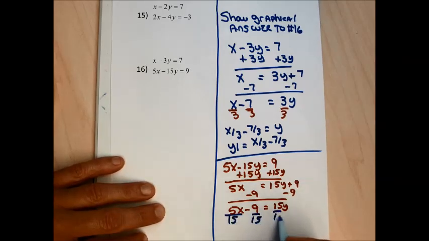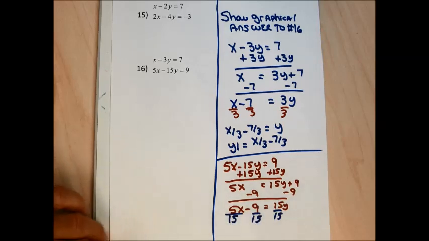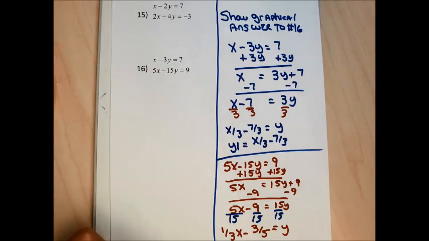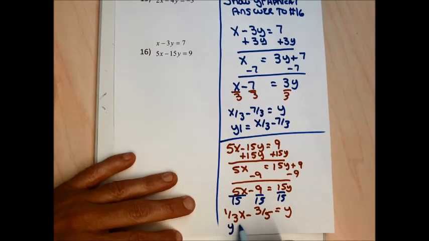And I'll get some reduction. The fraction here reduces by 5, and I get 1/3 x. The fraction here reduces by 3. I get minus 3/5 equals y. And I'm going to enter that in my y2. In my y2, I'm going to enter 1/3 x minus 3/5.